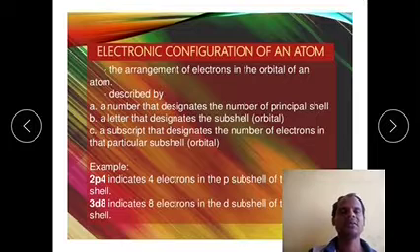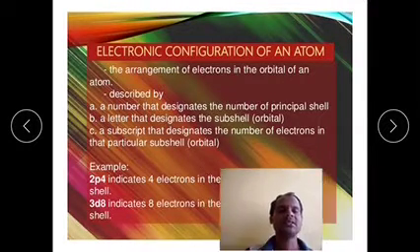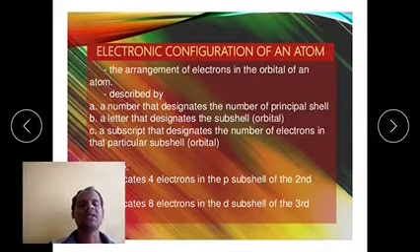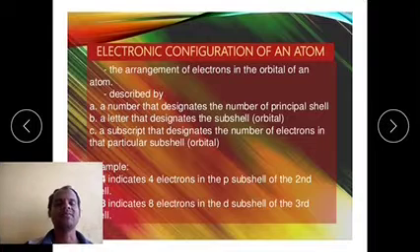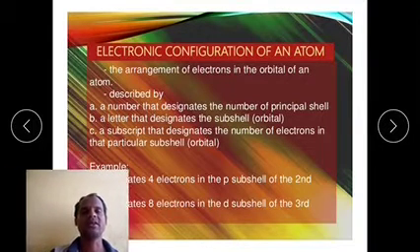The arrangement of electrons in the orbitals of an atom is called electron configuration.